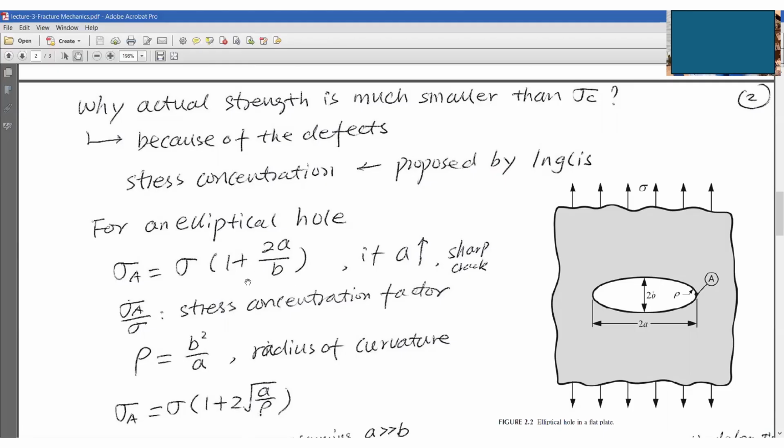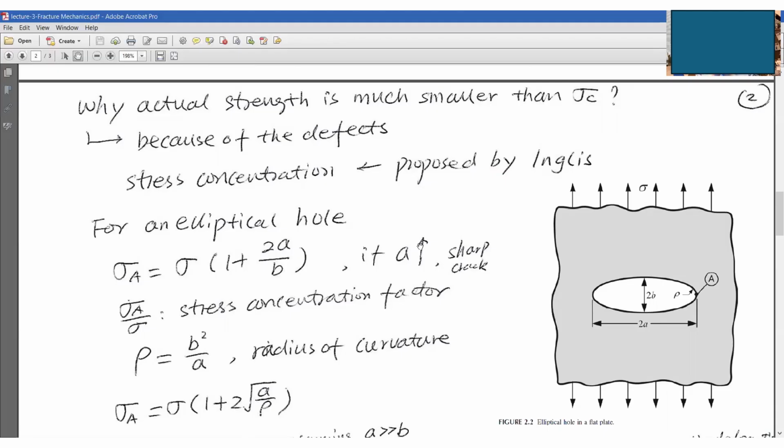We know that this is sigma A equals sigma multiplied by 1 plus 2A divided by B, right? If A is increasing, suppose this A is very, very large, much larger than this B, and so we will have a sharp crack.